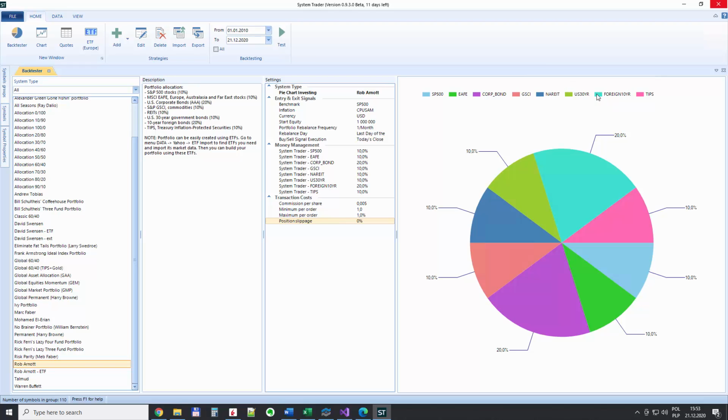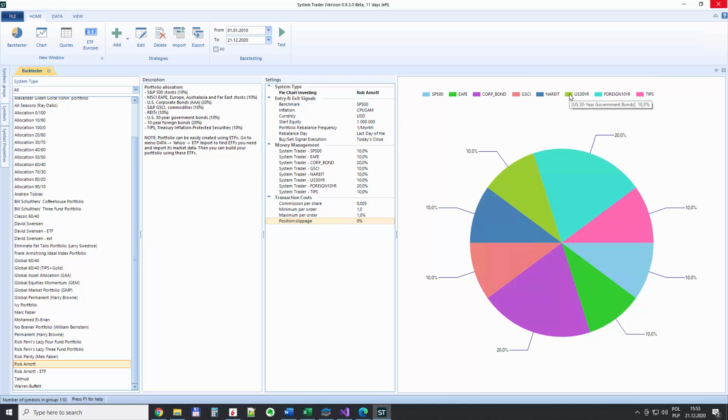But then on top of it, we have 20% of corporate bonds with the highest credit ranking, AAA. And then we have the Goldman Sachs Commodity Index, 10%. And then we have the government bonds.